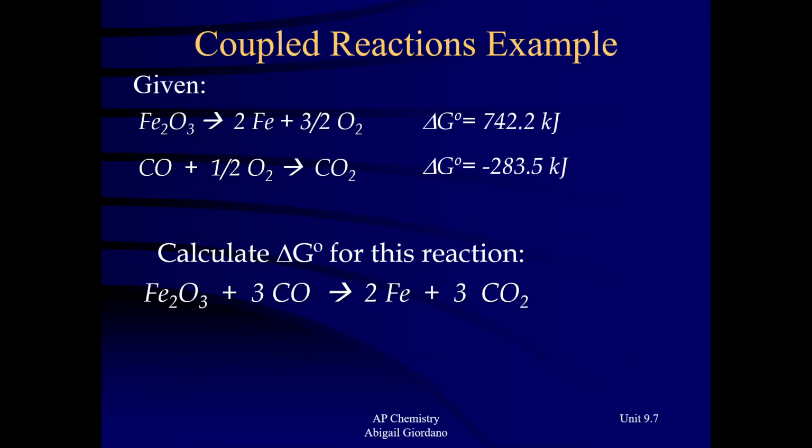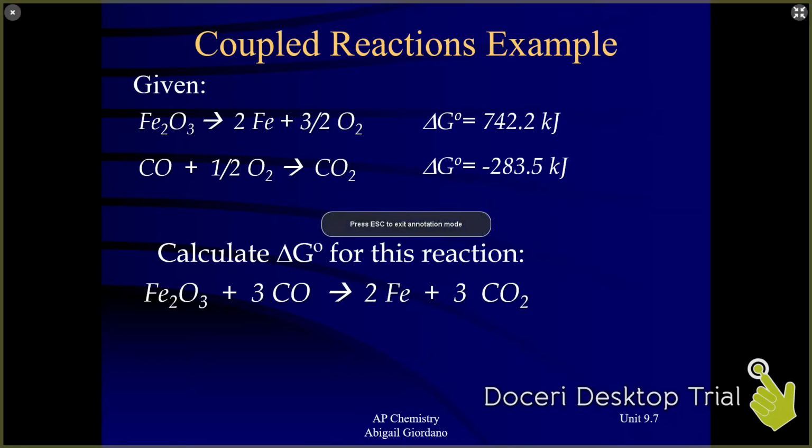At the top of the screen, look at these two reactions, the first one in particular. Notice that the first reaction has a positive delta G value, indicating that it is not favorable. Whereas the second reaction does have a favorable delta G, it's negative.